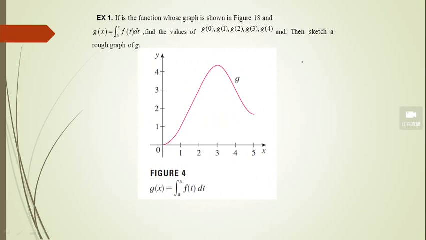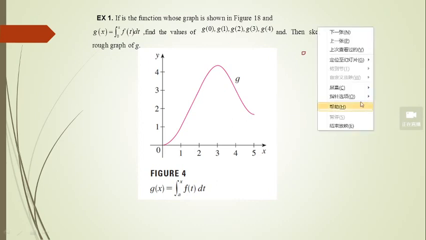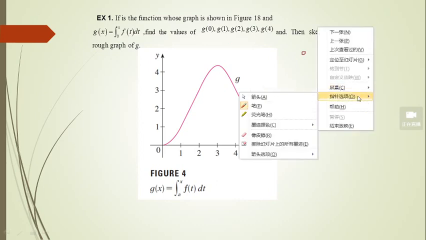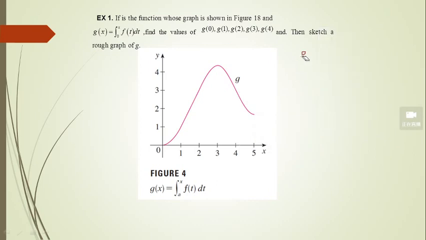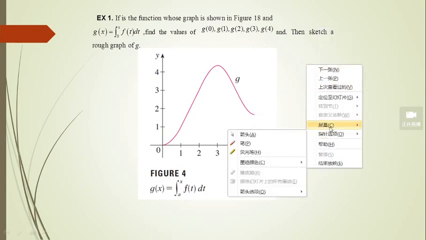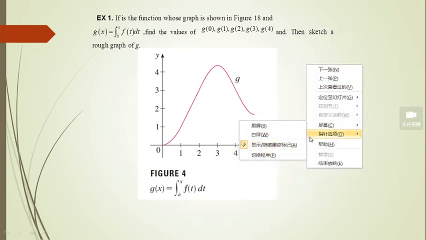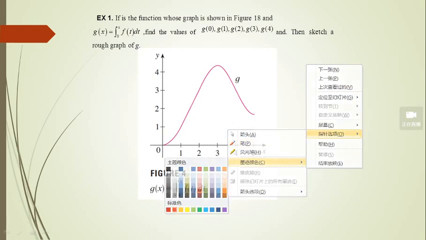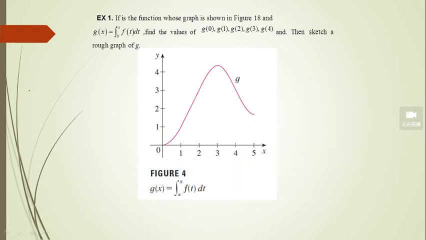This is just a rough graph. Let me list all those values as a table. How can we draw a rough graph with the given values? Come back to red color again.